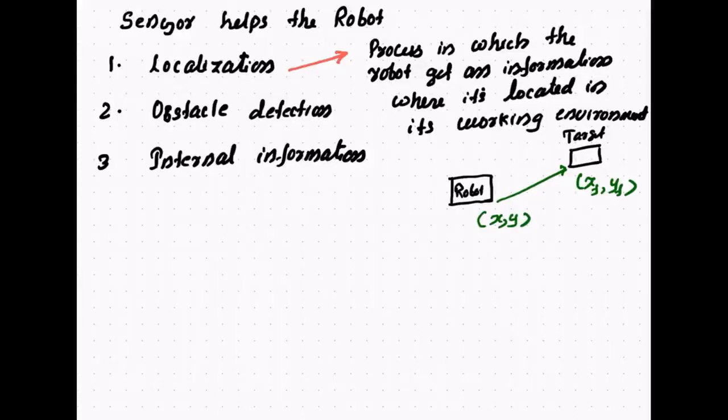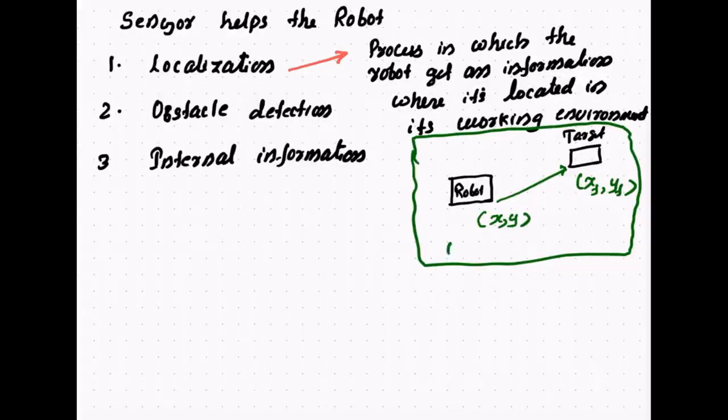For the robot to find the X, Y value and the X final, Y final value, the robot needs to know its working boundary and also all the obstacles and hindrances existing in this particular boundary or workspace.